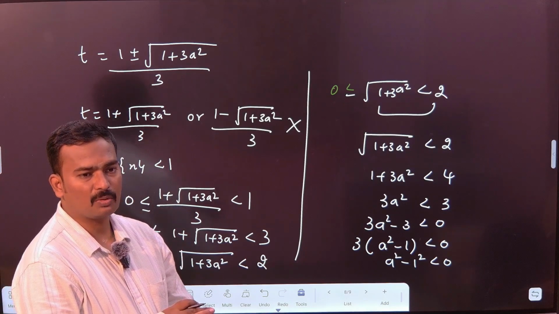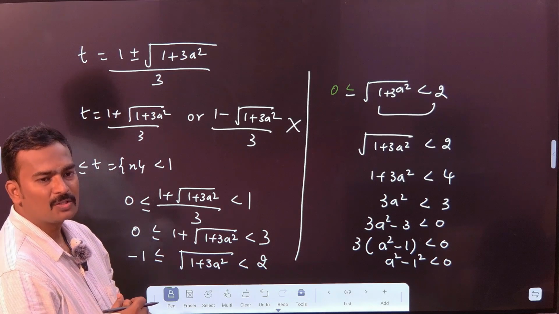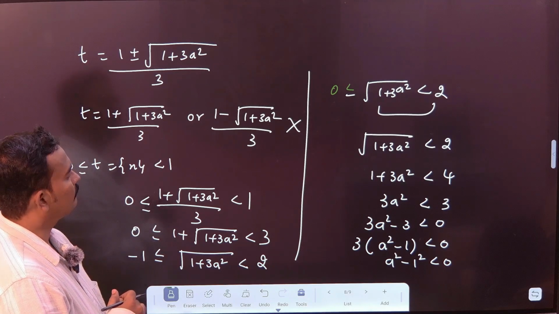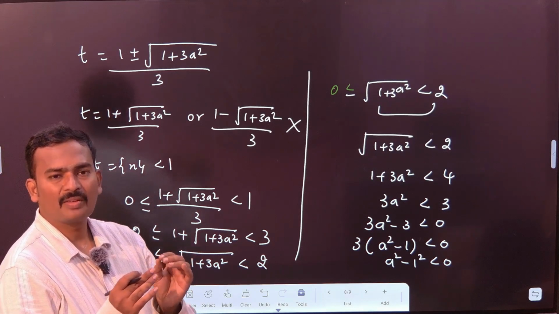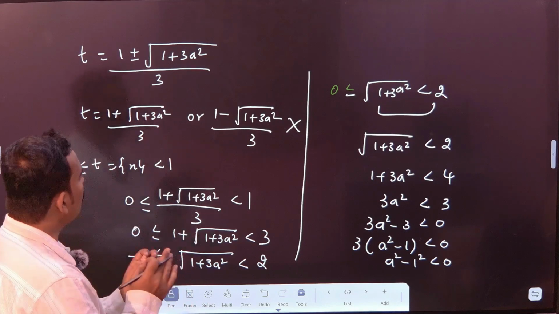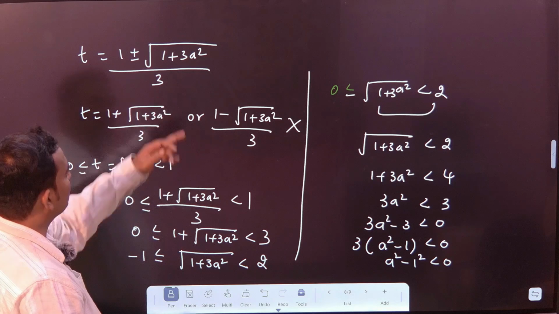Integer solution means what? It should be a perfect square. Under the square root should be a perfect square, right? But here it is not an integer solution, therefore a cannot be 0. There are no possibilities, right?